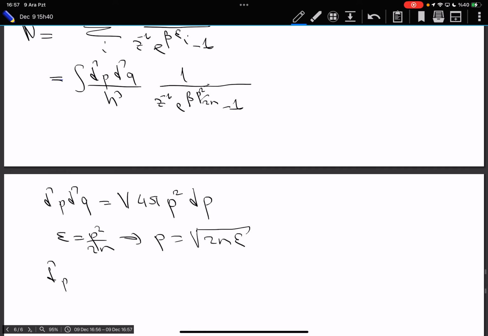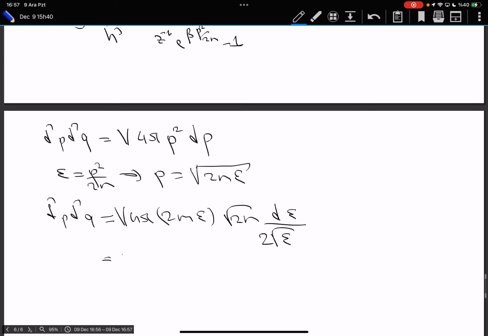So d cubed p, d cubed q, after integrating over the angular direction of p and the position, becomes 4 pi. p squared is 2m epsilon, V. dp is square root of 2m d epsilon divided by 2 square root of epsilon.